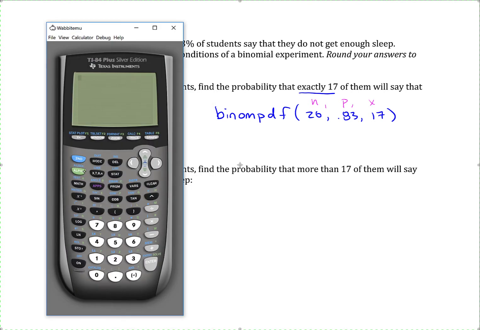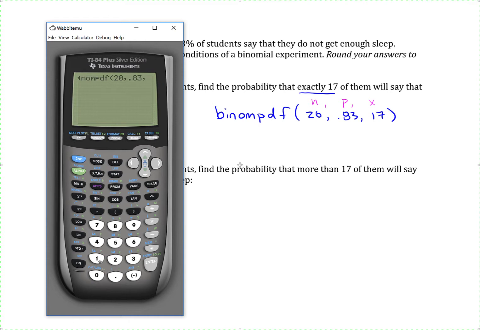So using the calculator to come up with our solution, second and vars takes us into the distributions menu. And if you scroll down a bit, you'll eventually run into the binomial functions. We have Binompdf and Binomcdf. So Binompdf is what we want in this case. 20 is the number of trials, 0.83.